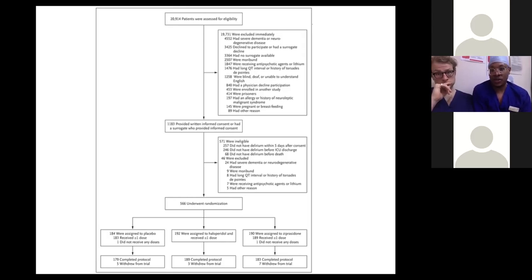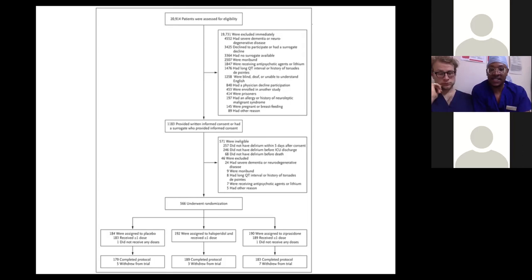Other patients, although they were consented, did not develop delirium, so they were excluded, or they were discharged from the intensive care unit before the 5-day period, and some of the patients died as well. Although patients were meant to have been excluded prior to this stage, some still had cognitive impairment or had changes on their ECG, a long QTc, which excluded them.